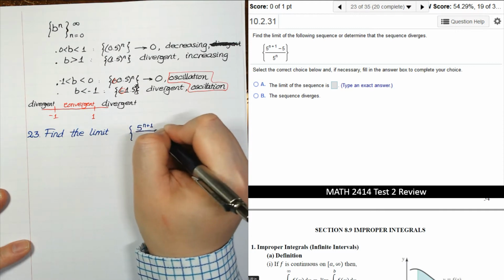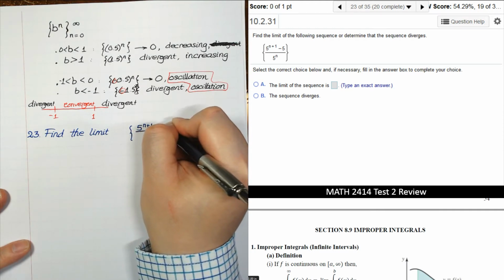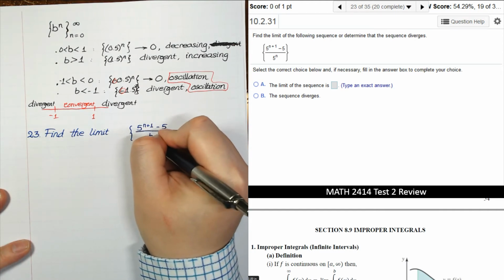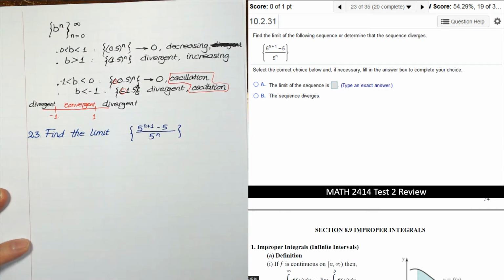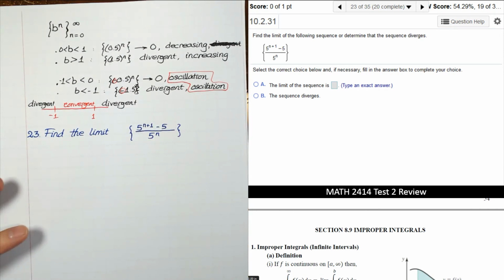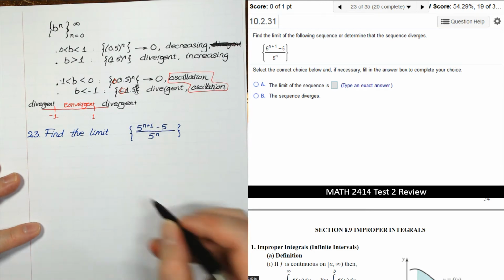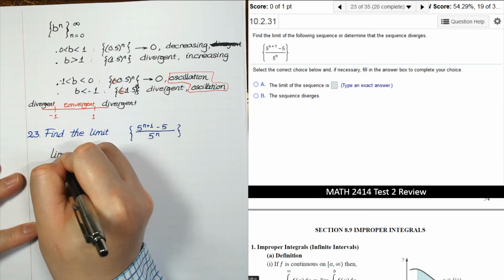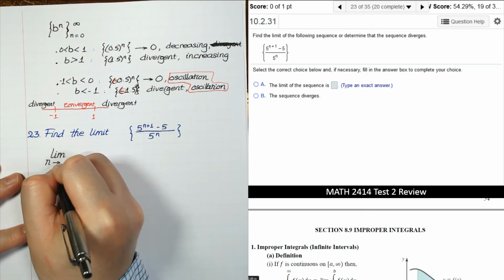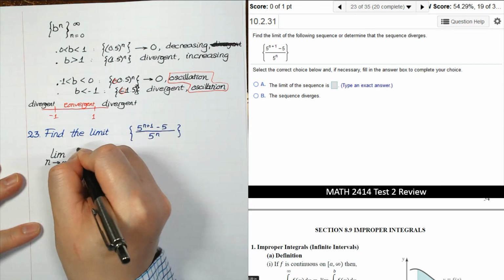But all the rules that apply for functions in terms of limits still apply for sequences. So pretty much we just take the limit when n goes to infinity of that.